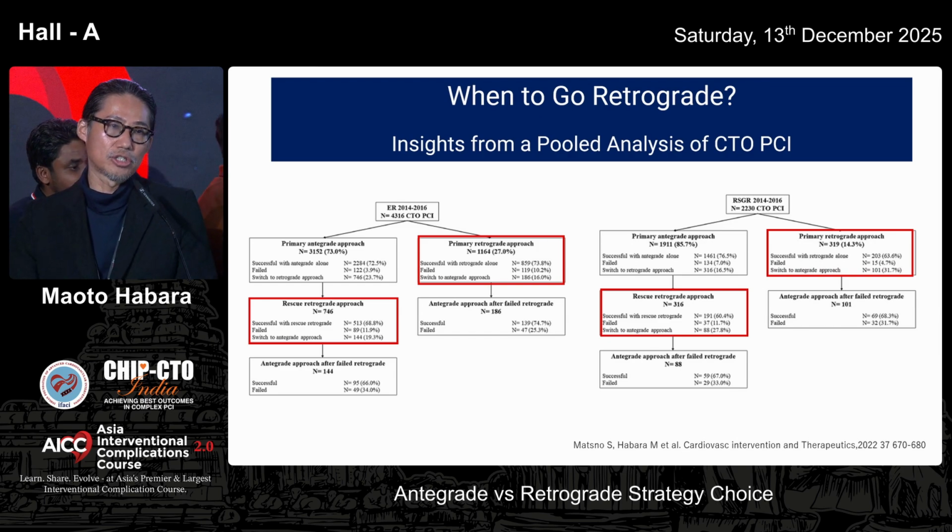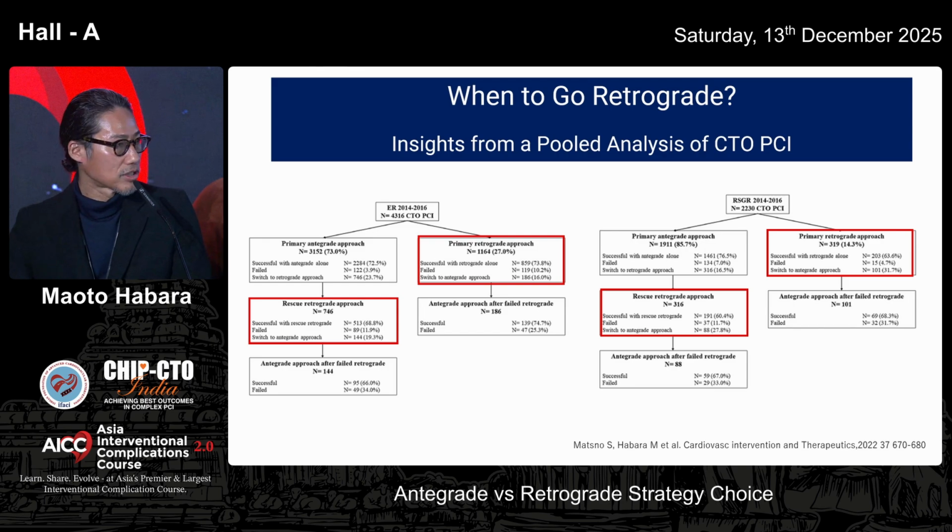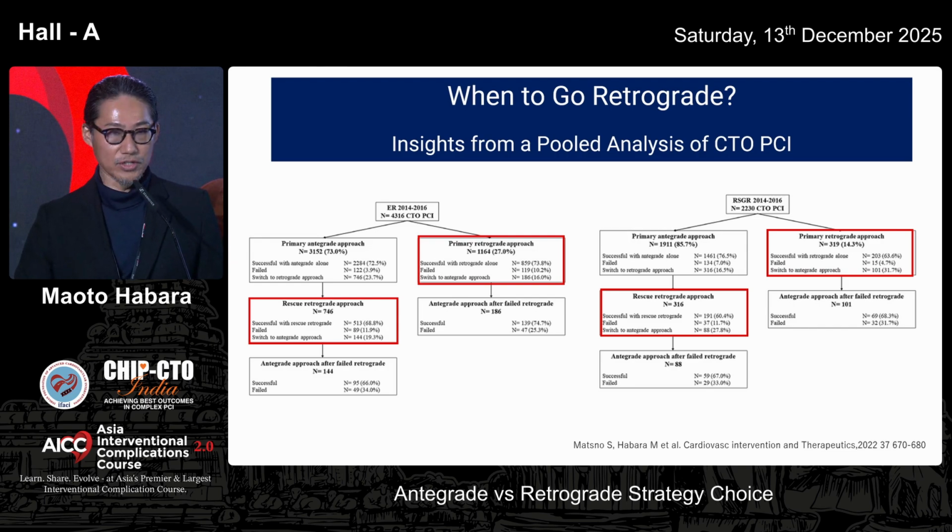The expert registry includes more difficult CTO cases, and about 30% had primary retrograde procedure. The Retrograde Summit included junior operators, so the cases were not so difficult, and primary retrograde was about 40%. That means difficult CTO needs a retrograde.